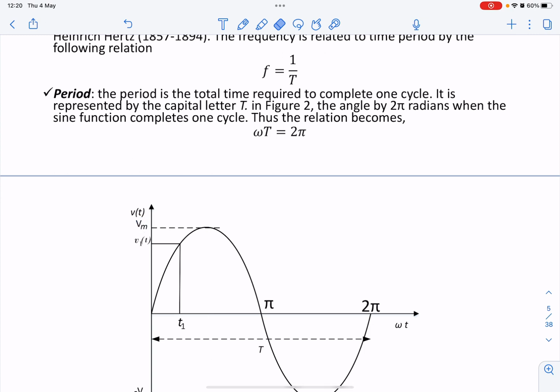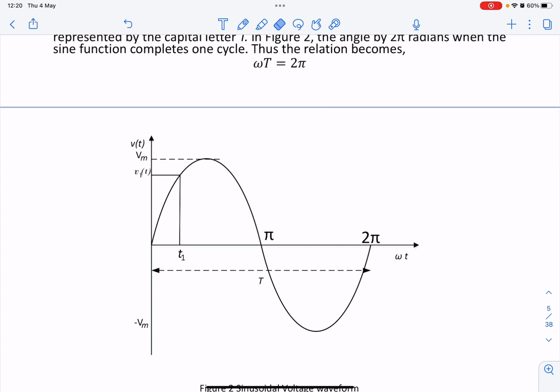If you look at this diagram, normally one cycle is for 50 Hz. In Brunei, the frequency is 50 Hz. In 50 Hz, normally the one complete cycle is 20 millisecond.